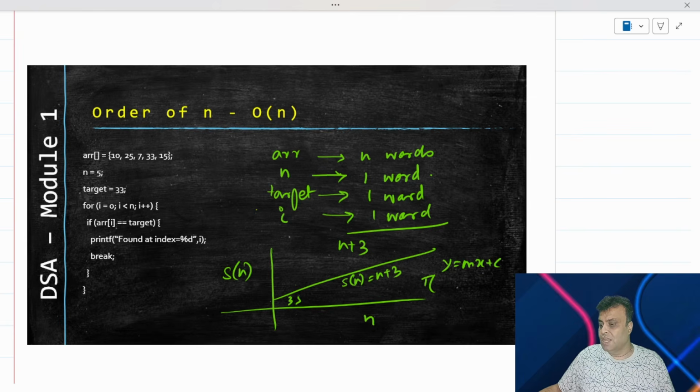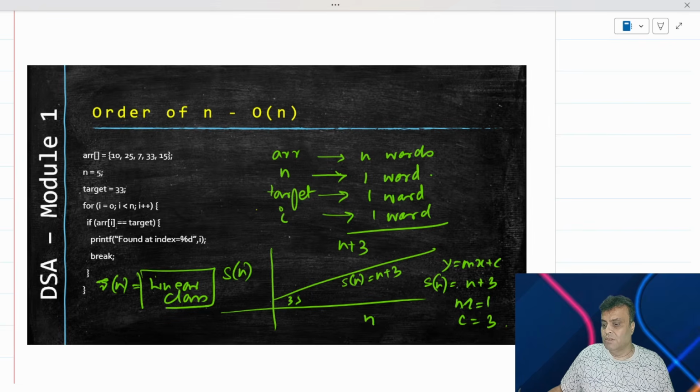That is, Sn is equal to n plus 3, where m is equal to 1 and c is equal to 3. We can say that. So basically, Sn is following a linear class.